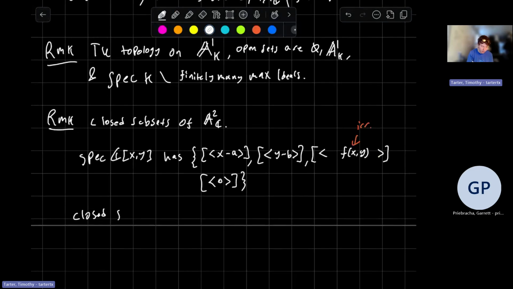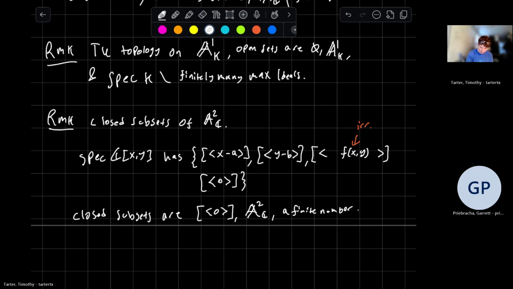So then the closed subsets are the entire space, the empty set, a finite number of curves, and a finite number of zero-dimensional points.